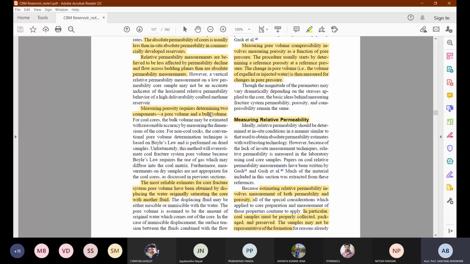So with 26 nanometer, it can penetrate and access all the coal pore spaces, which generally vary from 2 nanometer and higher side.